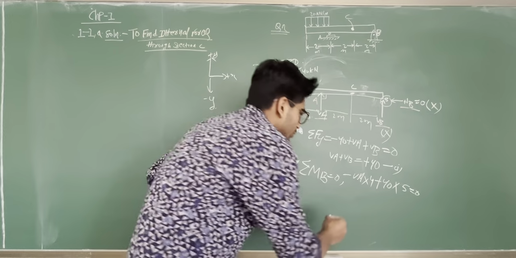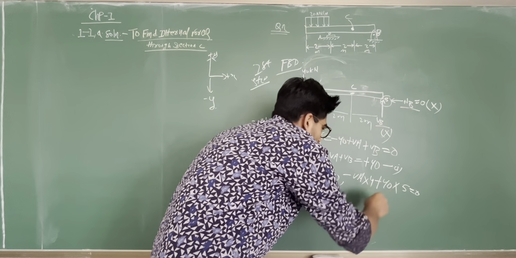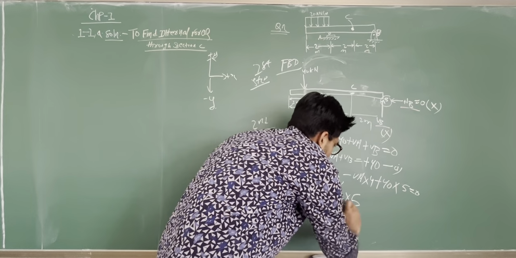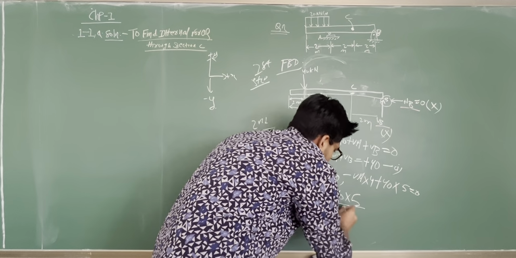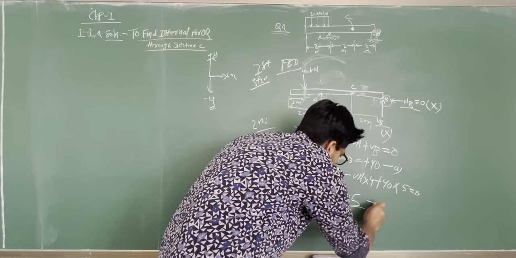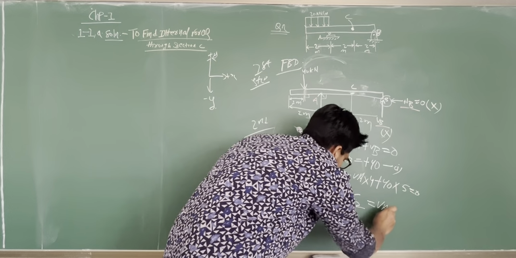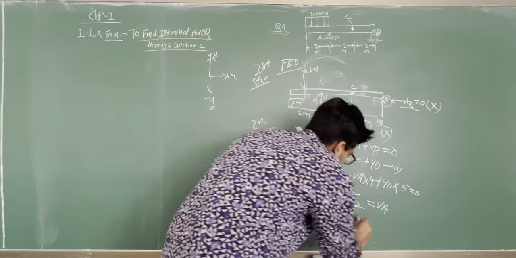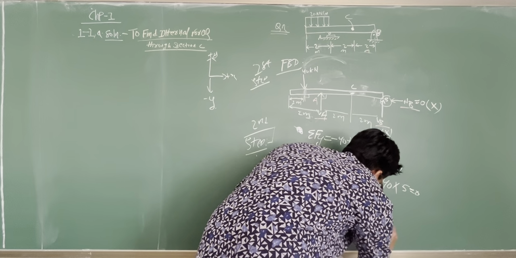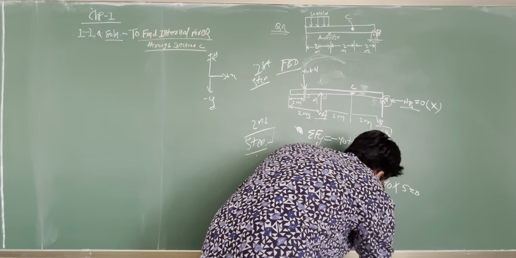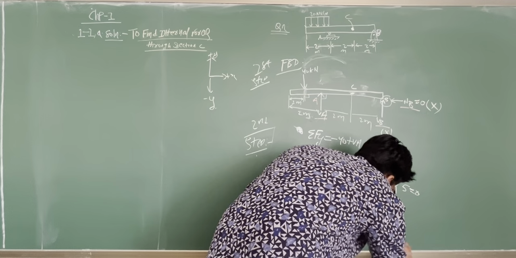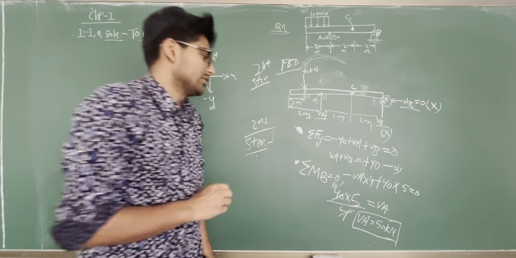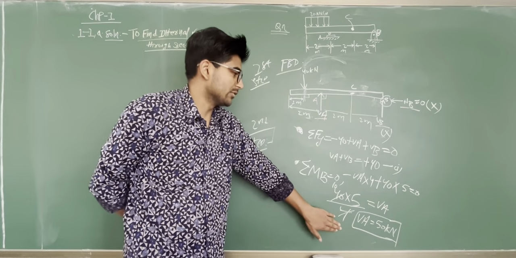So what will be VA? 40 into 5 goes over here, divided by 4, and that will be VA. Since this is 4, this is 40, 10. So what is VA? VA equals to 50 kilonewton. We got 50 kilonewton.